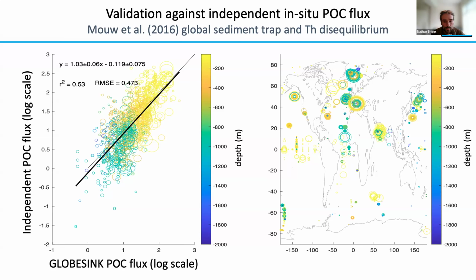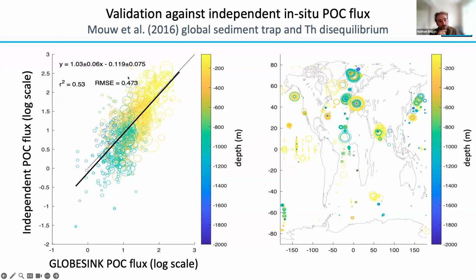So you can see that with the mean parameters we've chosen to convert to POC and to flux, we're getting fairly good agreement with this global data set across a wide range of depths. So color is depth. Circle size in this plot is how much backscattering data is in each of these.